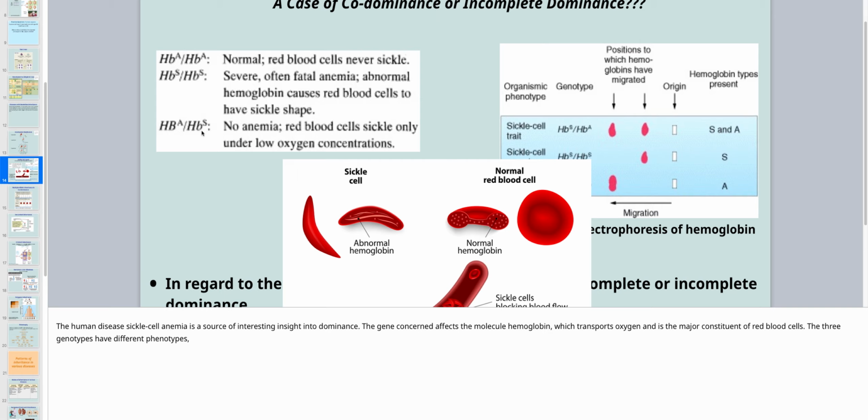In sickle cell disease, the person is homozygous for the sickle cell allele, and they only have the sickle cell hemoglobin. It's the abnormal hemoglobin that causes the red blood cells to form a sickle shape.